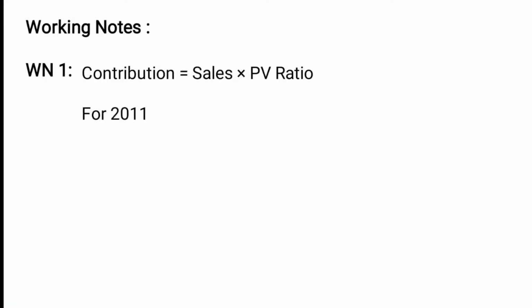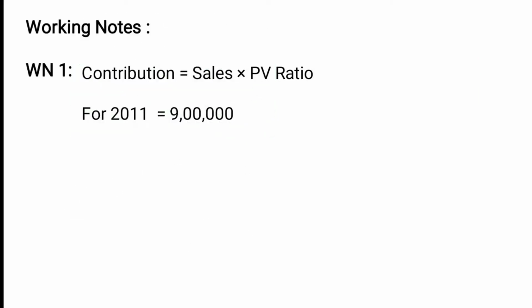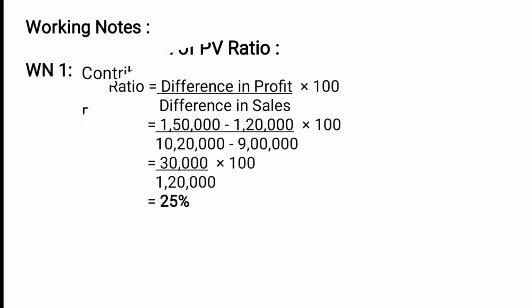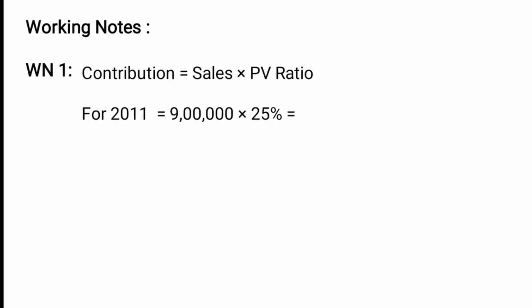For 2011, sales amount is given as rupees 9 lakhs into PV ratio, which is 25% as we have calculated it, which will be equal to rupees 2,25,000.